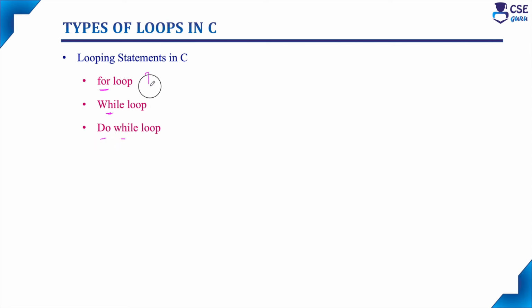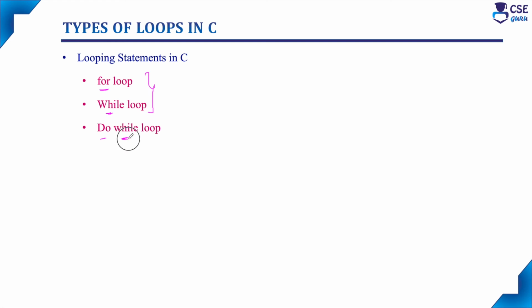The for loop and while loop will check the condition before executing the body of the loop. That is, first it will check the condition. Only if the condition is true, the body of the loop will execute. Otherwise, the body of the loop won't execute.